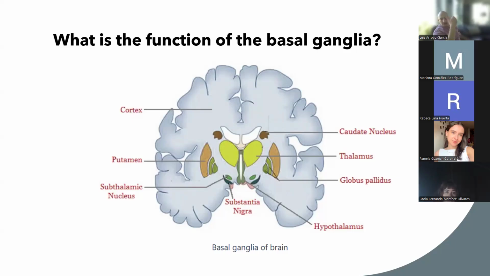But then we have the movement, that is the substantia nigra, and then we have another one that is the tuberoinfundibular tract. And in that one, we also control other movements with dopamine. Does anybody know which kind of movements are those?